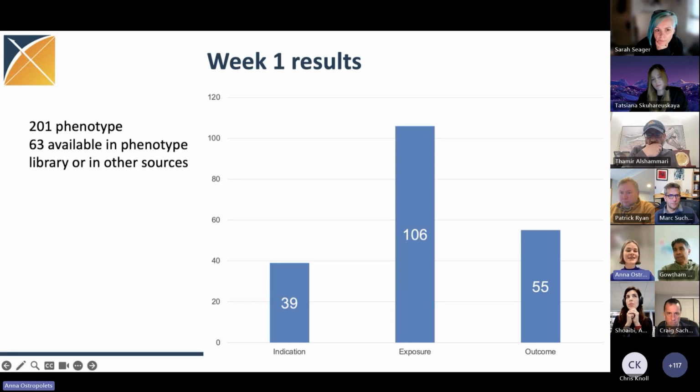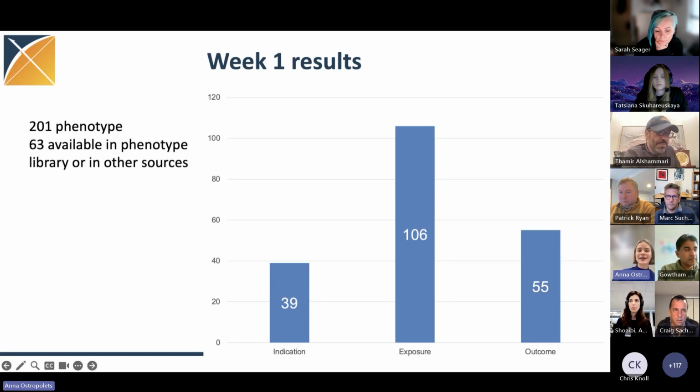What is nice is that 100, almost half of them, are exposures, which tend to be drug cohorts that we expect that we as a big team will get through rather quickly. But we also see a substantial number of outcomes and indications. So this is something we will be working on for the next 3 weeks.